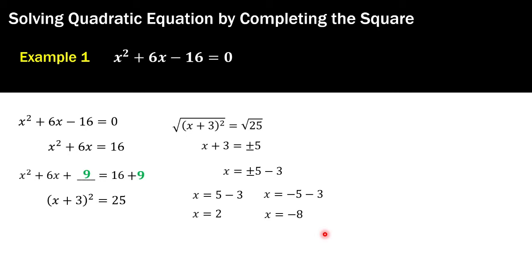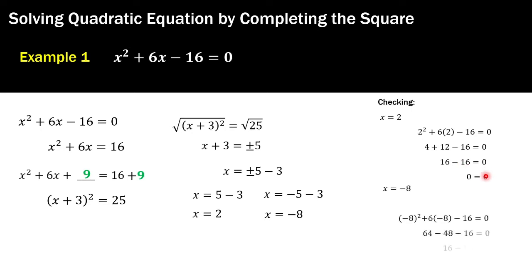To check, we can substitute the computed values to the given equation. For x is equal to 2, we can say that this would be 2 squared, that would be 4. 6 times 2 is 12. So 4 plus 12 is 16 minus 16 is 0.